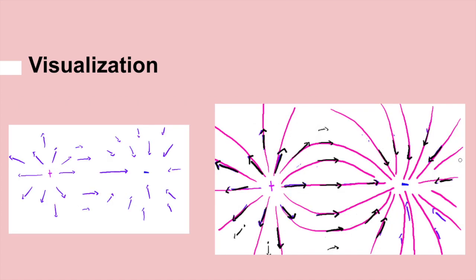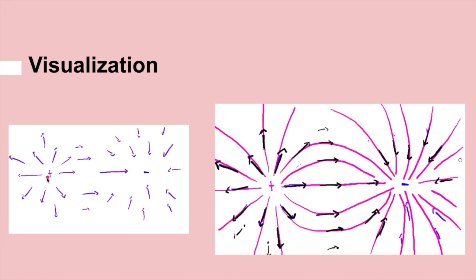Now here's a kind of badly drawn example, but we have a positive charge on the left-hand side. And if we were to just draw it like we did last time, we have our E-field vectors that point away from it like this. But now what happens when we have a positive charge next to a negative charge? Well, they are going to influence each other because the positive is going to be attracted to the negative.